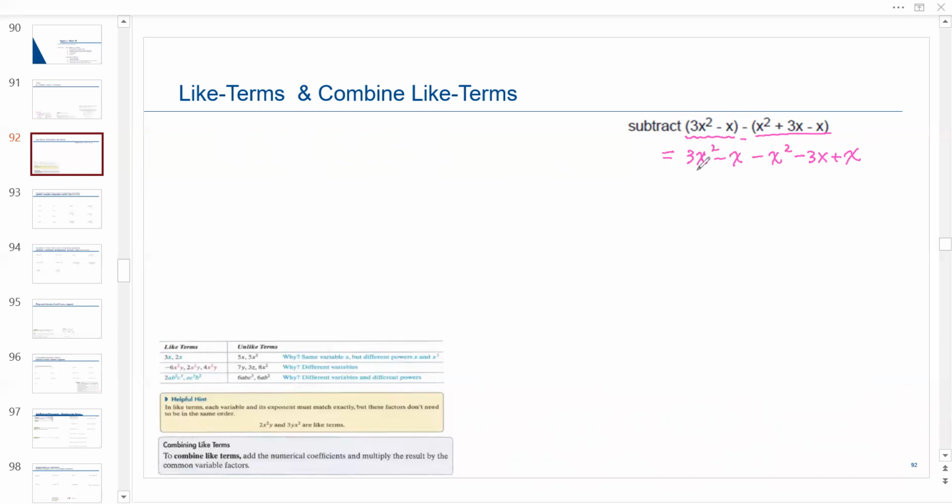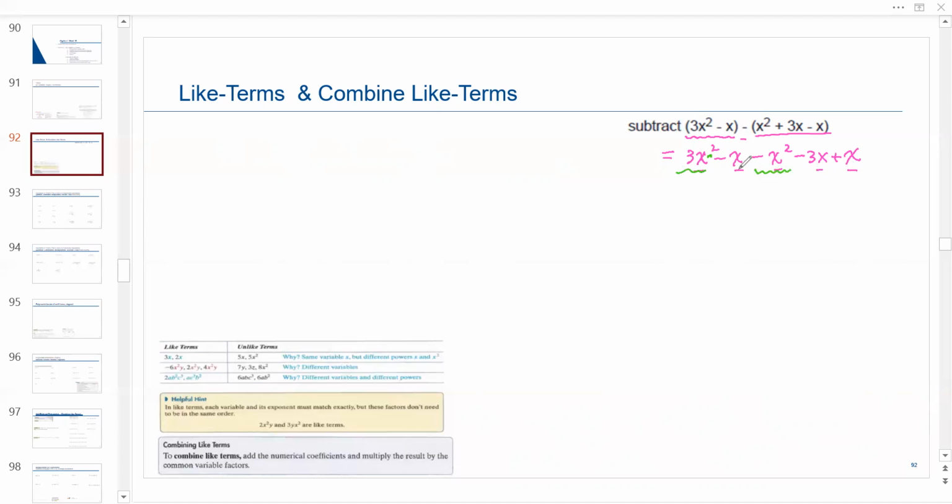So we can see here, everyone has the same variables, right? Second, we check that the degree is the same. For this part, the degree here is 2. Here is 1. So they are different, right? So here is 2, so it looks like these are like terms.